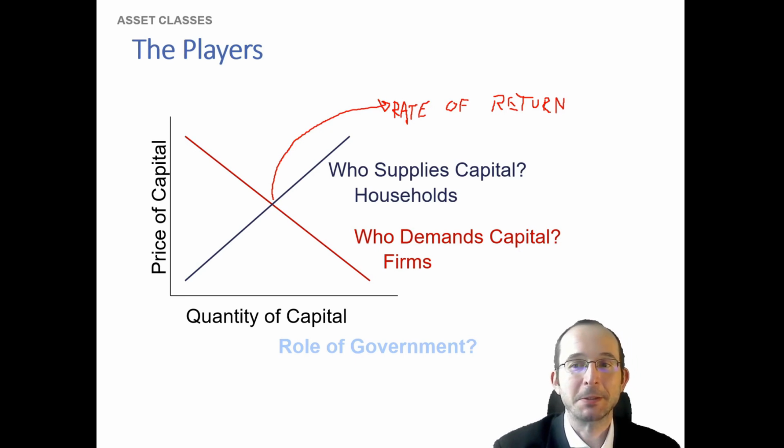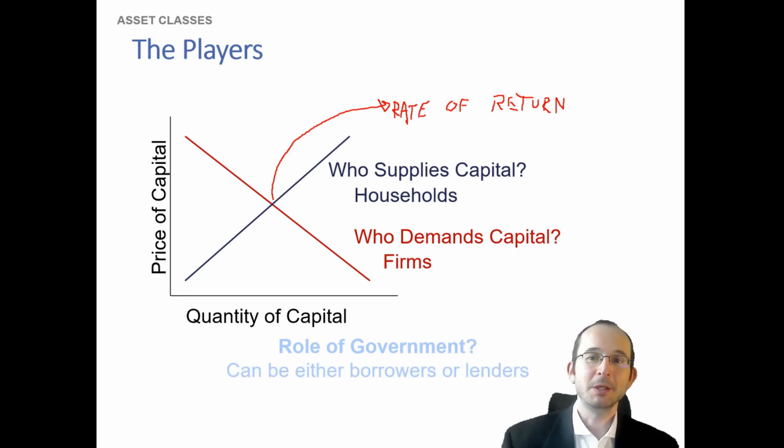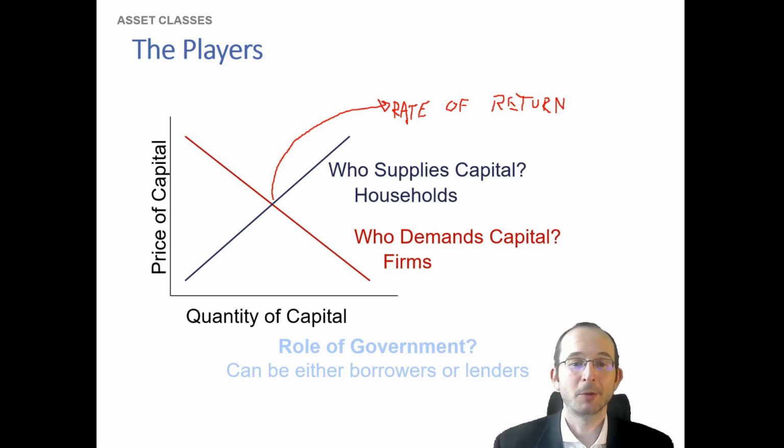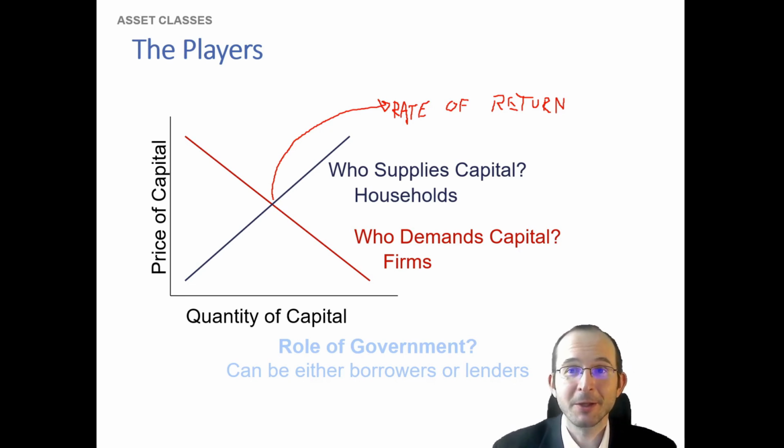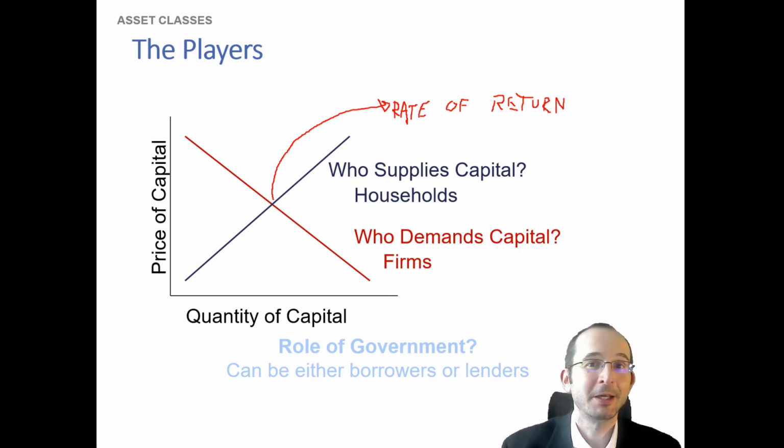What does the government do? Well, it can actually be either a borrower or a lender. Obviously, the government borrows by issuing those treasury bills, but it can also lend. So things like the Small Business Administration will issue capital to try to help small businesses get off the ground. The government sponsors these agencies to promote mortgage lending, indirectly or directly.